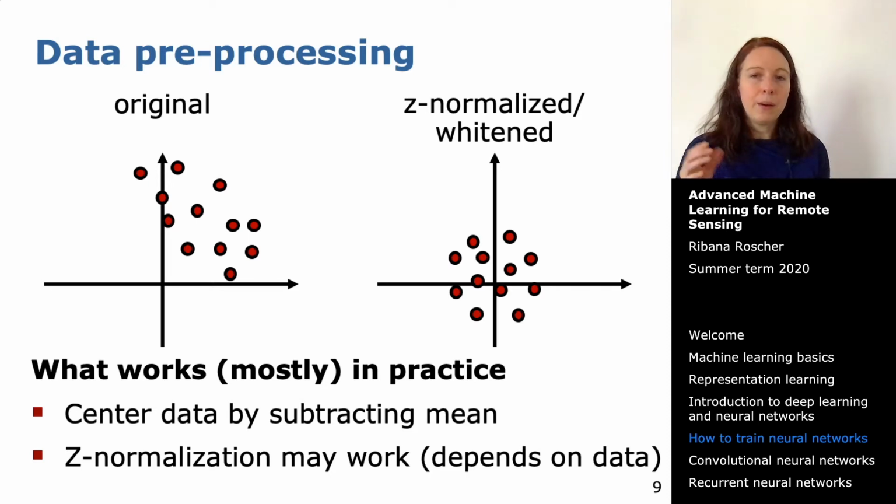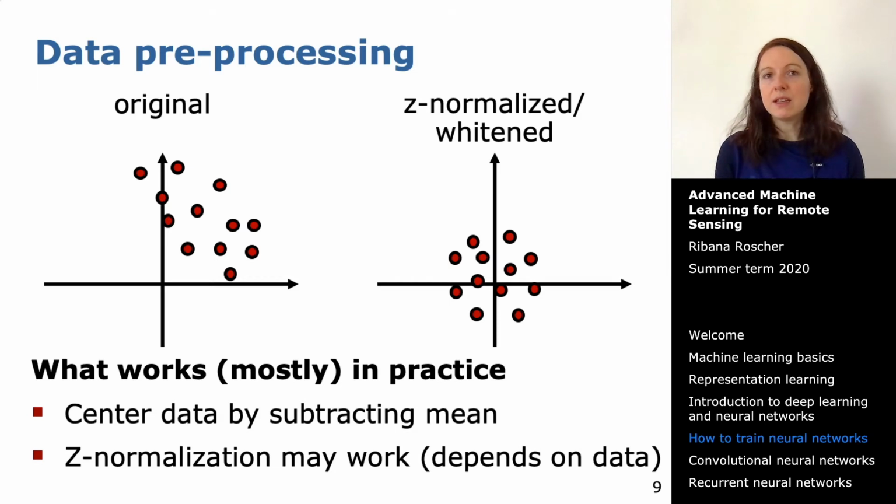What is done very often in the remote sensing area is a so-called set normalization, or whitening. Here you first shift all the data to 0 mean, and then you normalize by the standard deviation. Be careful whether this makes sense for your data.